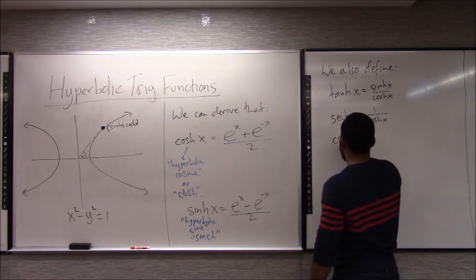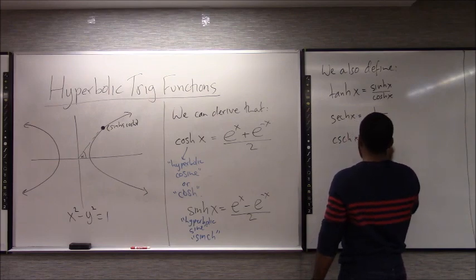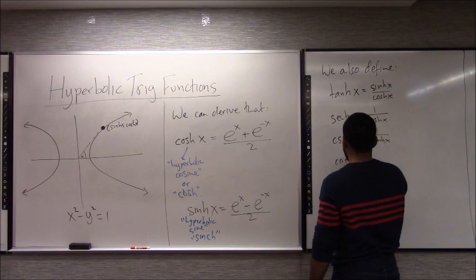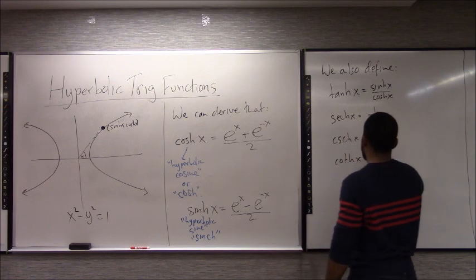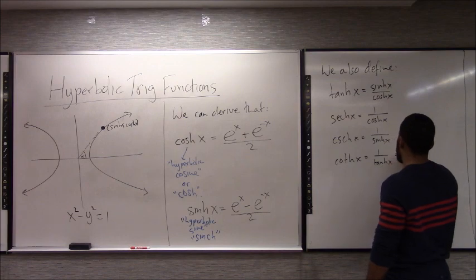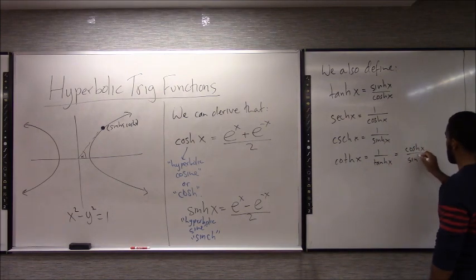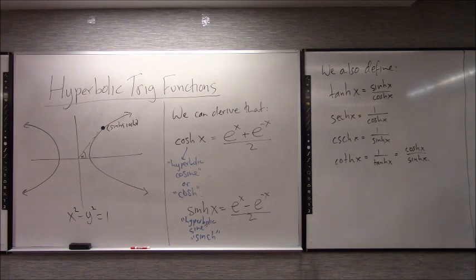We can define the hyperbolic cosecant, which is 1 over sinh. We can define the hyperbolic cotangent, which is 1 over tanh, or cosh over sinh.